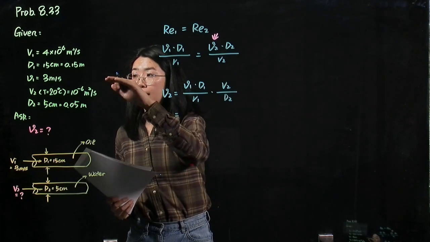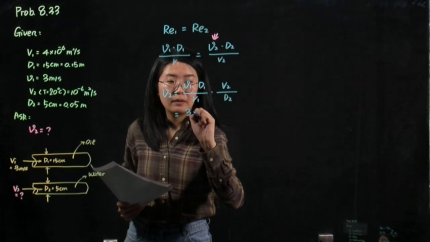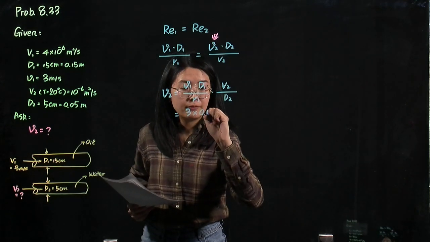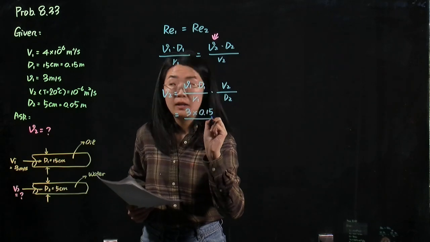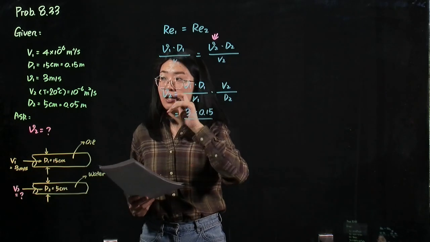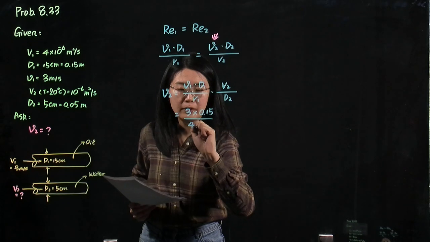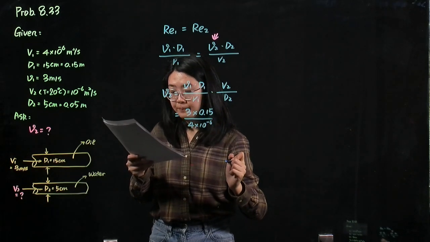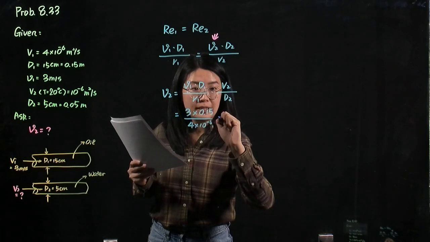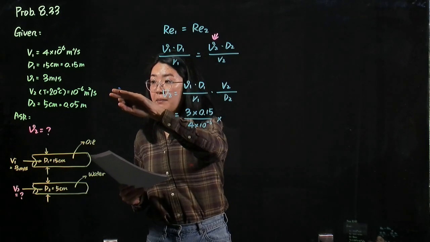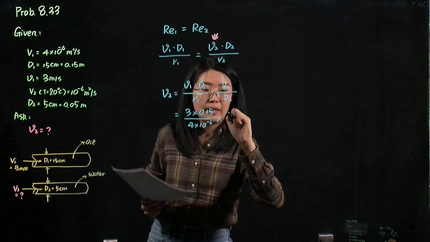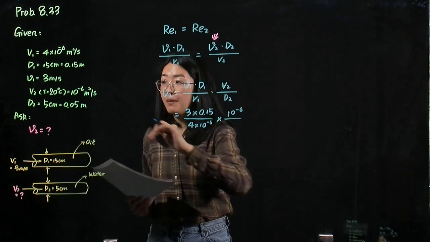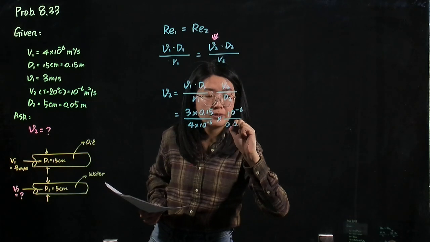So we can bring the values into this equation. V1 is 3 meters per second and the diameter is 0.15 meter. The kinematic viscosity of the oil is 4 times 10 to the power of minus 6. Then we multiply by the kinematic viscosity of water, 10 to the power of minus 6, divided by the diameter 0.05 meter.